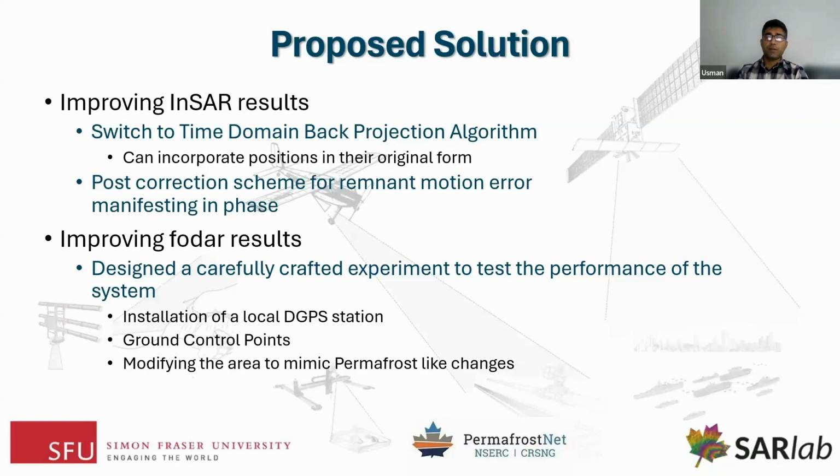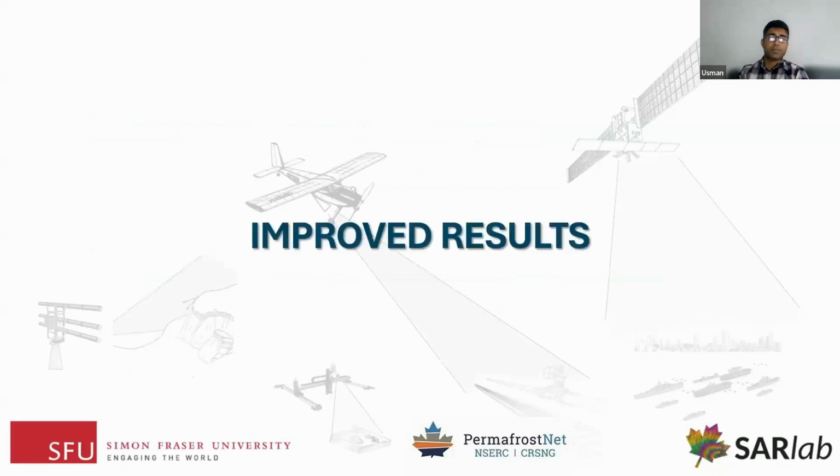And for the 4-DART results, we thought of carefully planning an experiment where we could install a local differential GPS station, place some ground control points for validation purposes, and also create some controlled changes in the area of interest which mimic permafrost-like changes, like creating a snow heave or digging a snow pit to mimic some kind of permafrost change in the area.